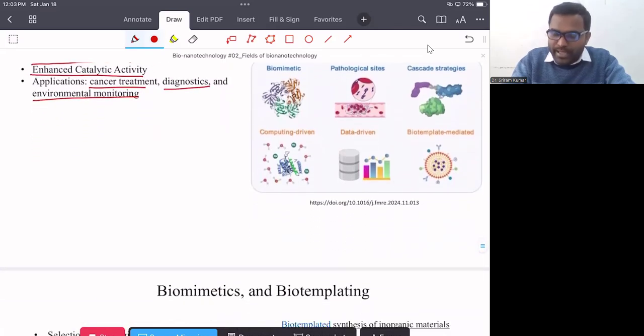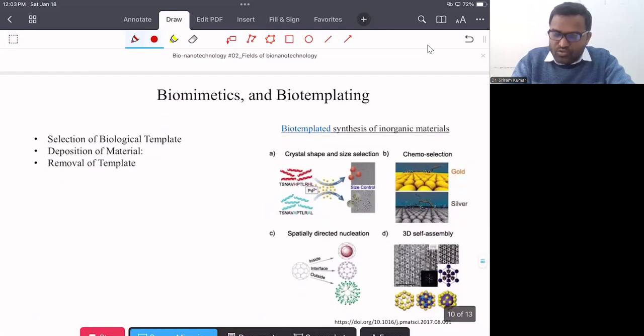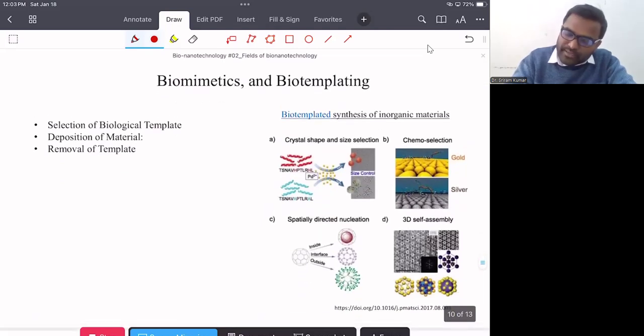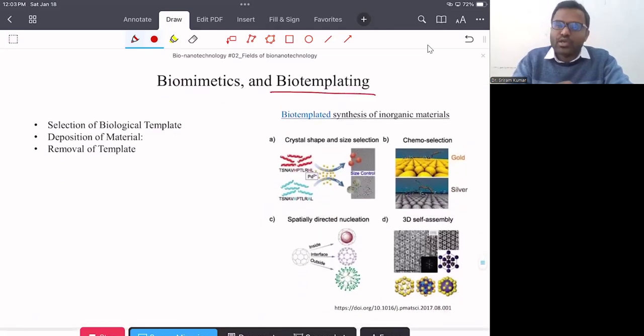And what about biotemplating? In the biotemplating area of research, we use a biological sample as a template, and using this biological sample as a template, we modify it for our desired application or the desired activity of that material.